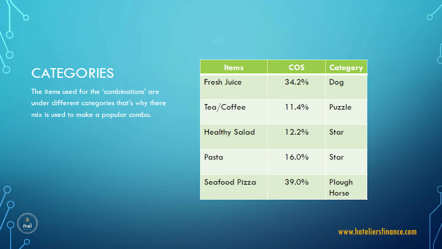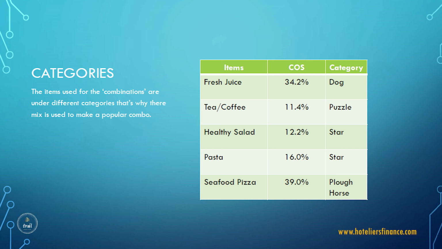And pasta, the cost of sale is 16%, so it's again a star category. So in combination A, I have 2 stars and 1 dog. 1 dog means it's not selling, it's not popular, and it's not profitable, but I want to sell it because my menu is like that. So I club this with 2 stars.